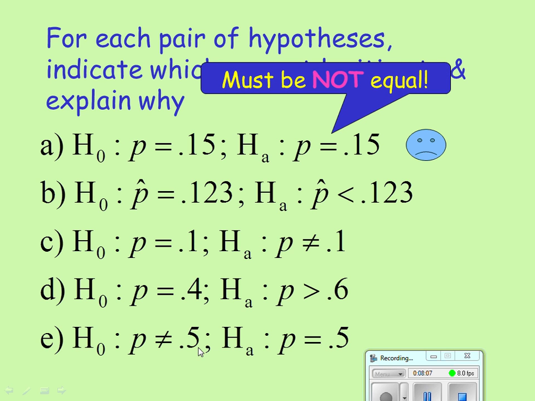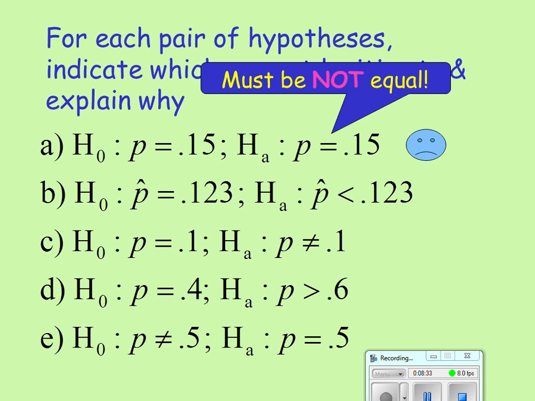No, they're not allowed to do that. It must be equal or not equal. So again, we had 3 different cases that we were talking about. Your H sub O is the only one that should have the equal. H sub A cannot have the equal sign. So no, it doesn't work. It's not legit.